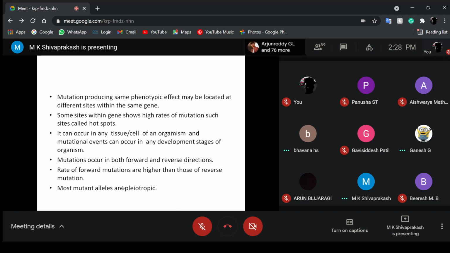In double-stranded DNA, the strand in the 5 prime to 3 prime direction and the one in the reverse direction, in both it may happen. The rate of forward mutations is higher than that of reverse mutations. You must remember this. So they are quite often found in the forward direction. But most mutant alleles are pleiotropic.